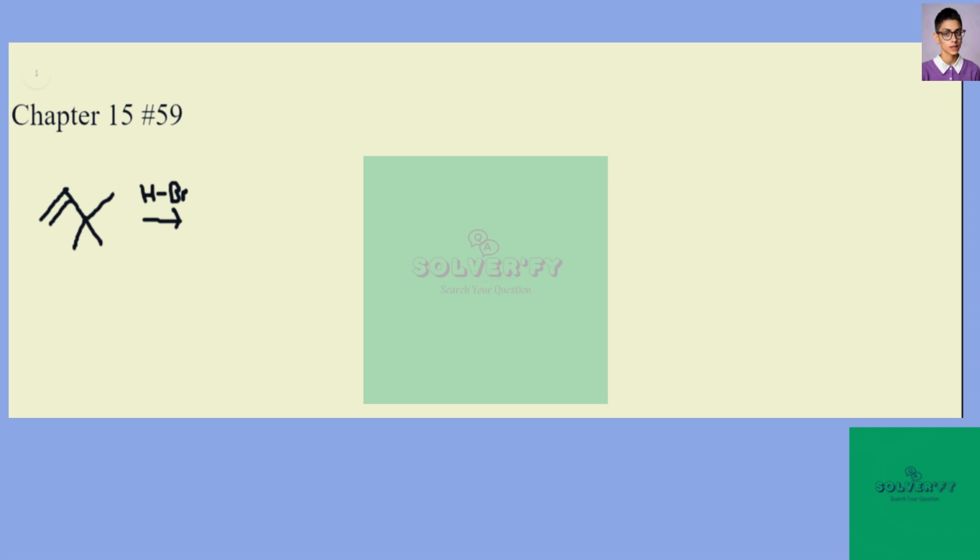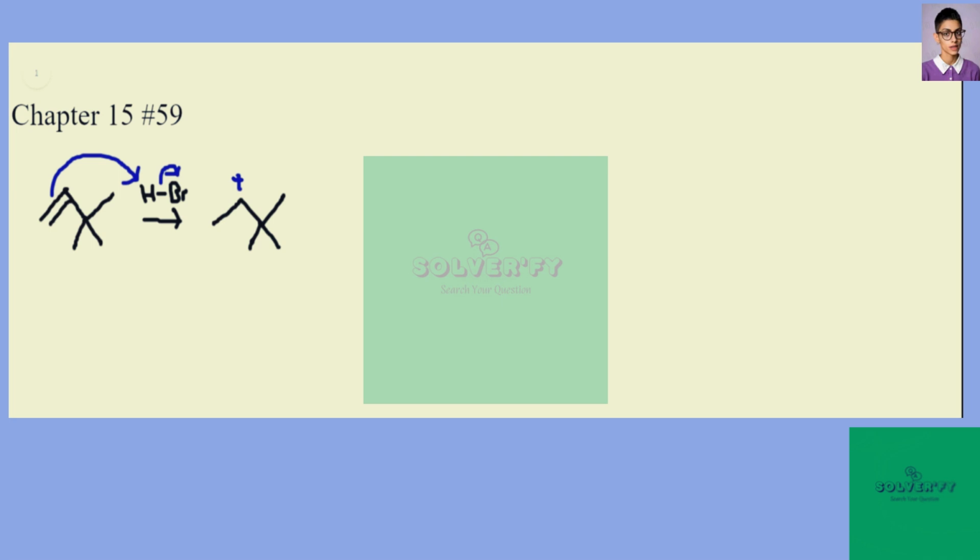The electrons of the double bond will grab this proton. The HBr bond breaks. And so we have this after the first step, with a carbocation located here on this secondary carbon.